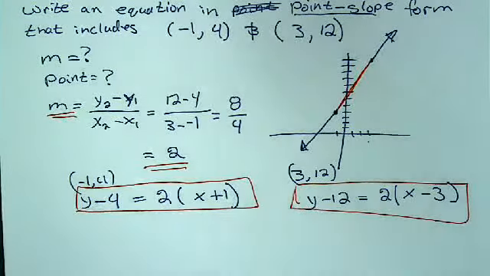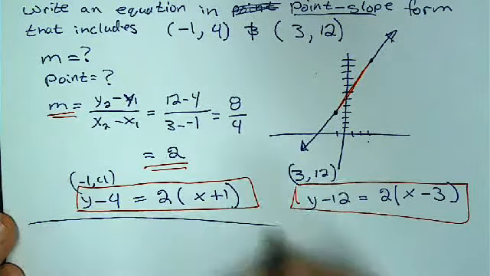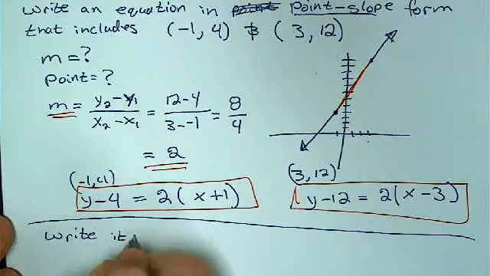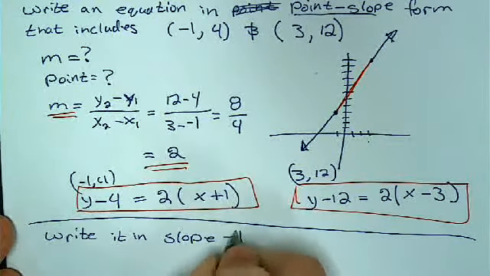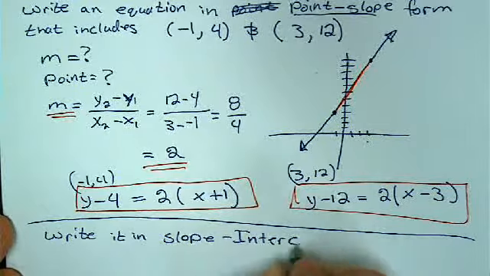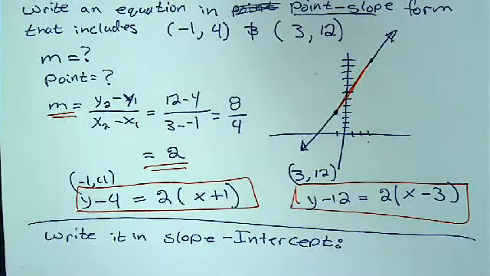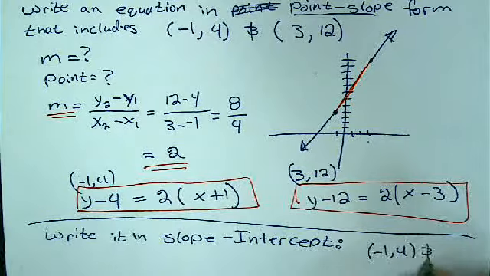Now, the next question that's worth asking: what if I don't want it in point slope form? What if I want it in slope intercept form? I'm going to recopy the point so I have it when I slide up on camera.